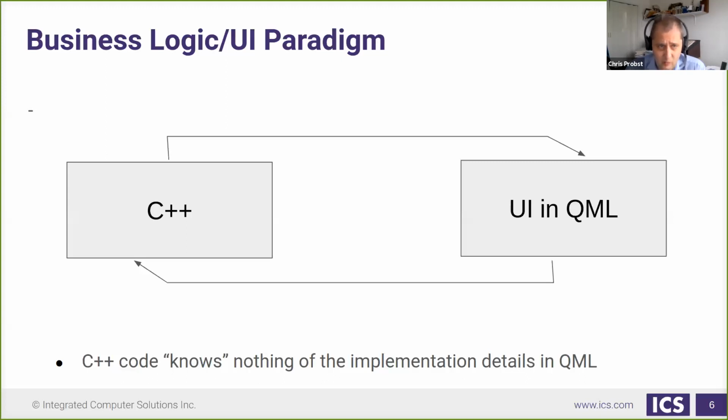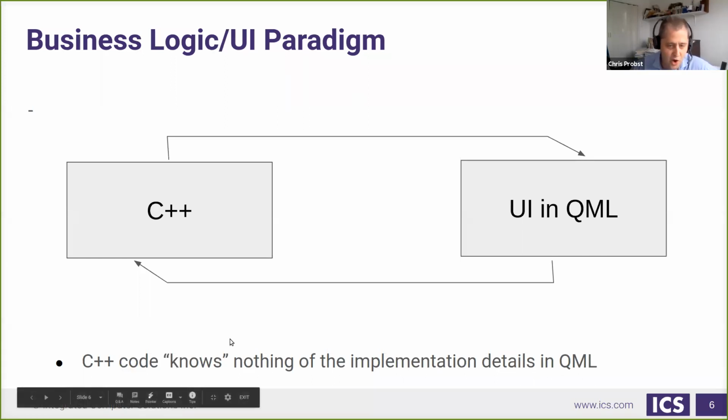And within this paradigm, what we try to do is that we really want the C++, which is really the model or the business logic, to publish its states, to emit signals of its states. And the C++ business logic does not, as I've written here, know about the intricacies of the UI.